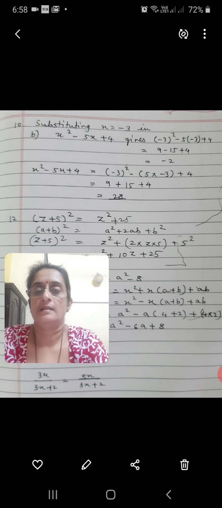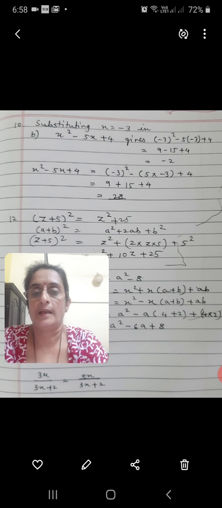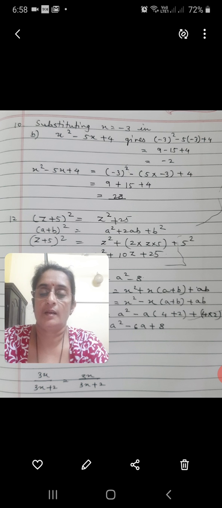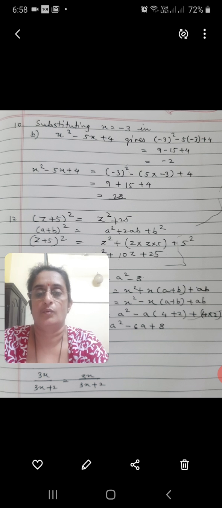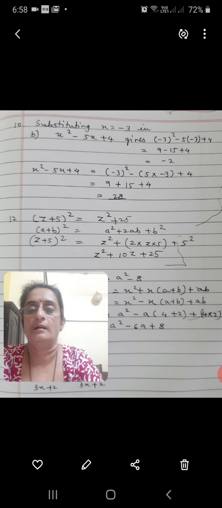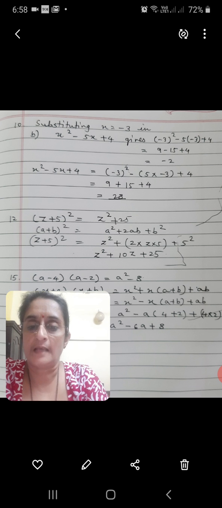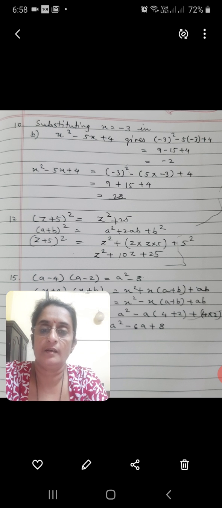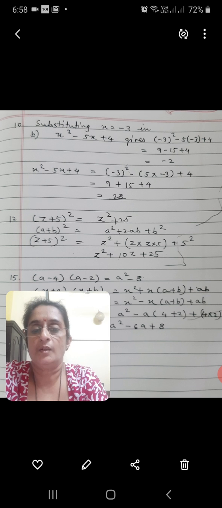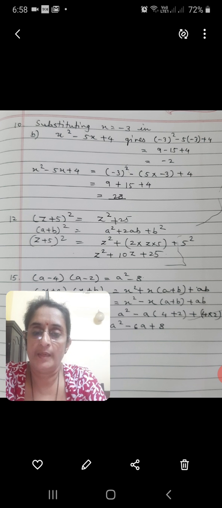Next question, (z plus 5) the whole square. What answer have they given? z square plus 25. We'll check whether that is the correct answer. Here we are going to use the identity (a plus b) the whole square. So (a plus b) square means a square plus 2ab plus b square.